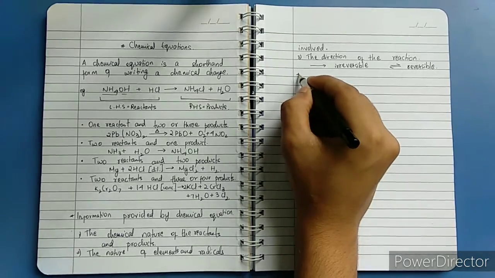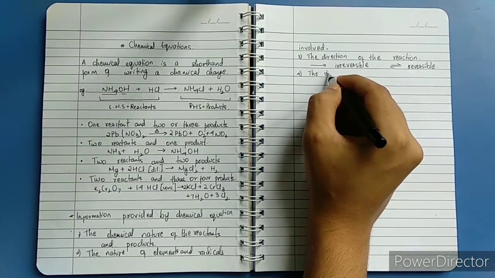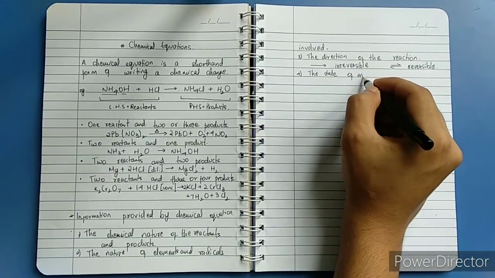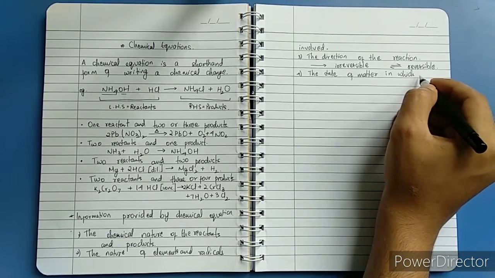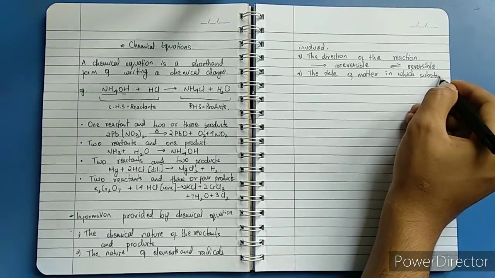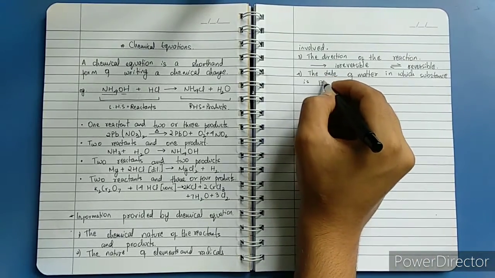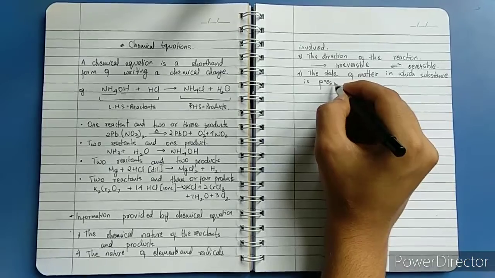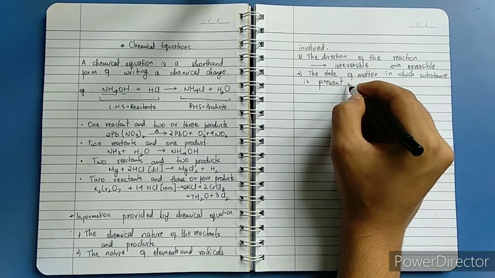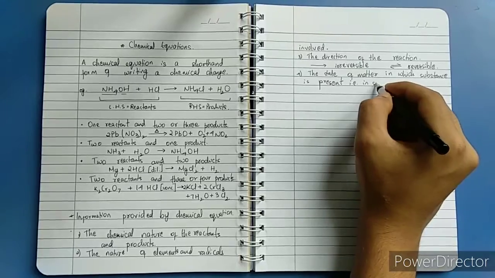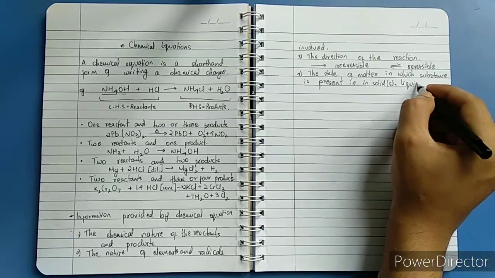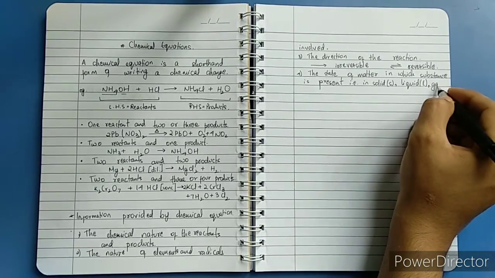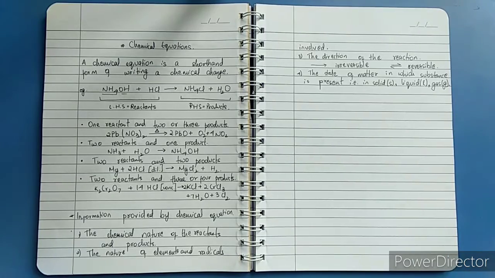So the direction of the reaction can be known by the chemical equation. And number 4, the state of matter in which a substance is present, that is solid, which is denoted by S, liquid denoted by L, and gaseous denoted by G. So the state of matter is also known by a chemical equation.